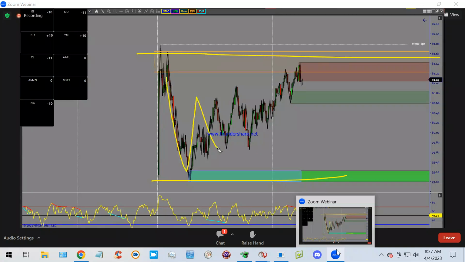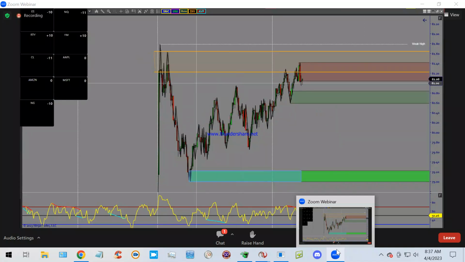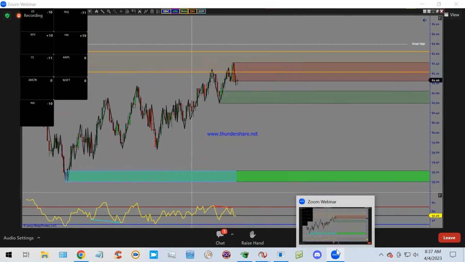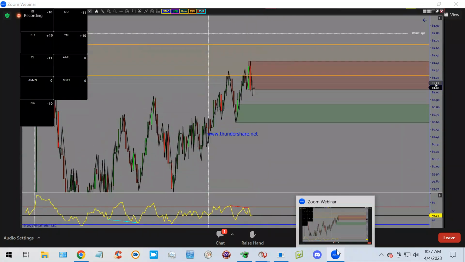Highs, lows. Coming up, testing the highs. If they want to come back and test the lows, this is a big move up, so we'd expect consolidation. They've been trying to grind their way up in the overnight.